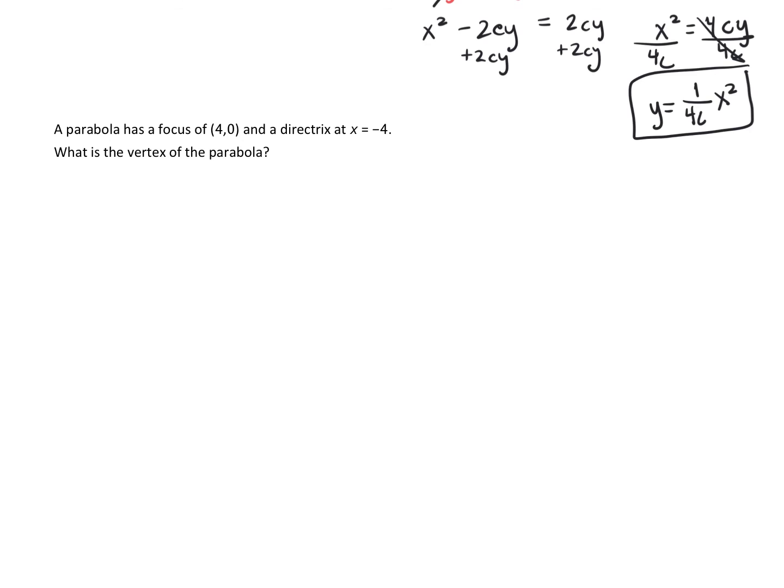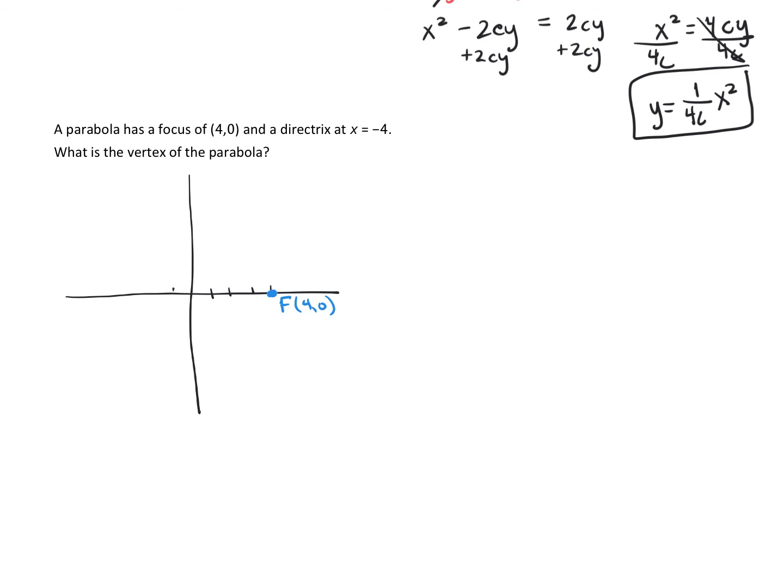So we often will start by sketching out these graphs. We can plot the things that they gave us. They said the focus is (4, 0), so 1, 2, 3, 4. The focus, which is on the inside of your parabola, is at (4, 0), and the directrix is at x equals -4.